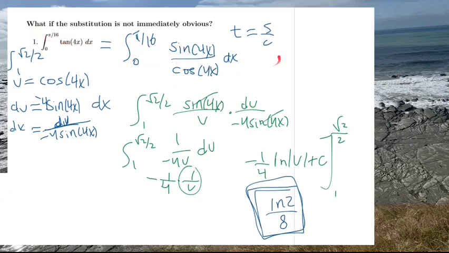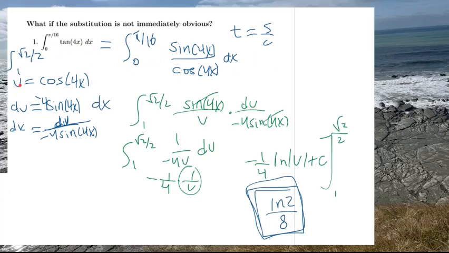A good way to remember that is TUSK. I hate trigonometry. TUSK. T equals S over C. Tangent equals sine over cosine. TUSK. So I do that right here. And now we choose u. I don't know. That's not supposed to be u prime, by the way. That's just a 1.